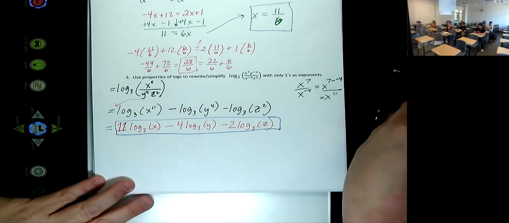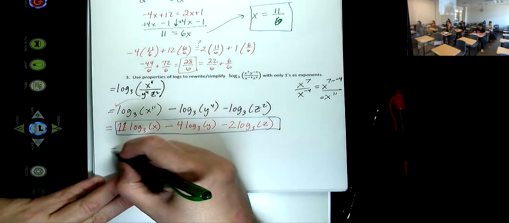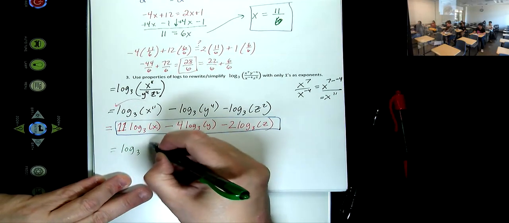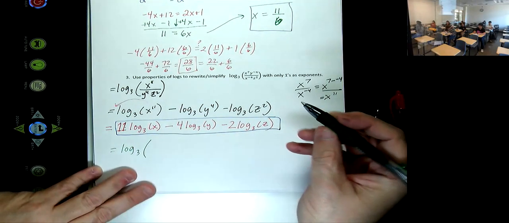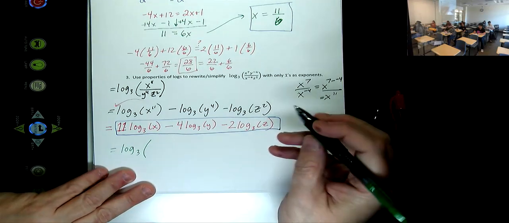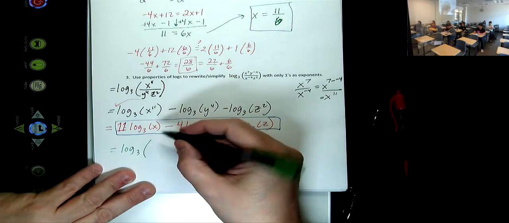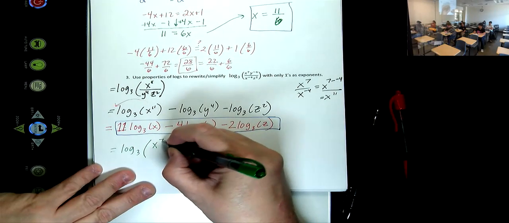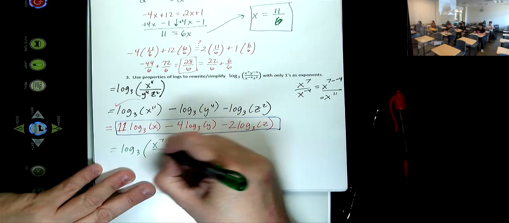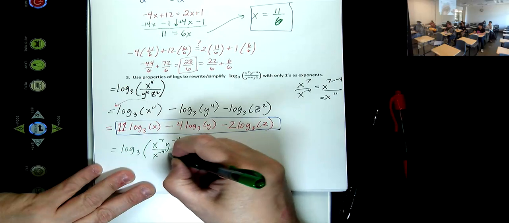Now, let's go back to what we had here, before we simplified the x to the 11th. Well, let's say you didn't simplify the x to the 11th. Let's say you just started breaking things apart right here. That's not a y, that's a z.